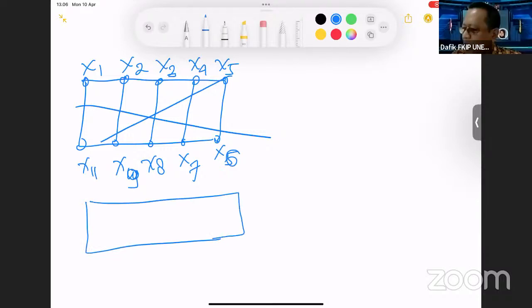We need to consider which parts of the vertex set have the same or similar properties. Of course, the upper side and the bottom side.